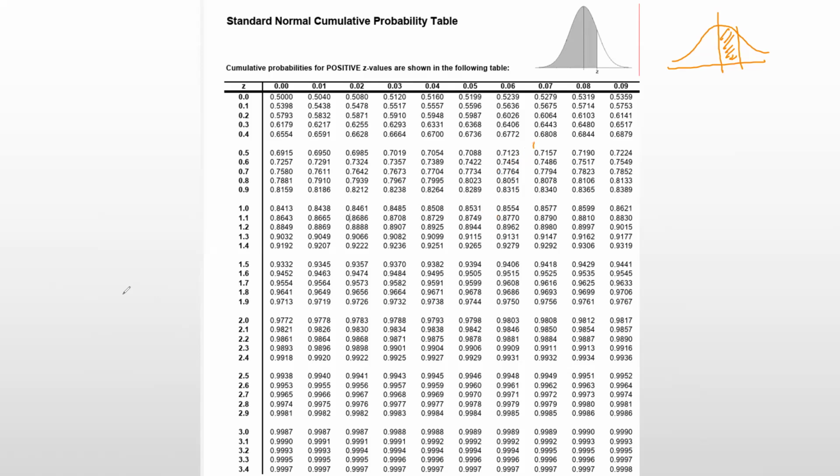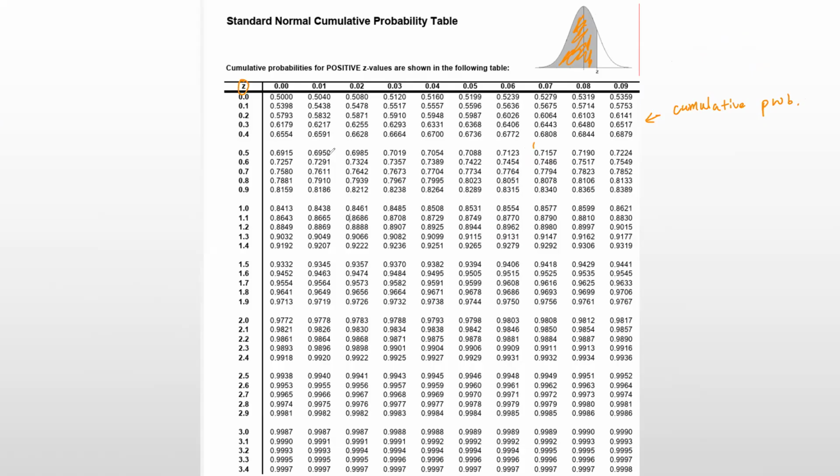So you need to be careful about what these numbers mean for a particular table. For this table, it's basically a cumulative function. These numbers show cumulative probabilities, as shown from this graph: everything under the curve to the left of z. That's what it means.